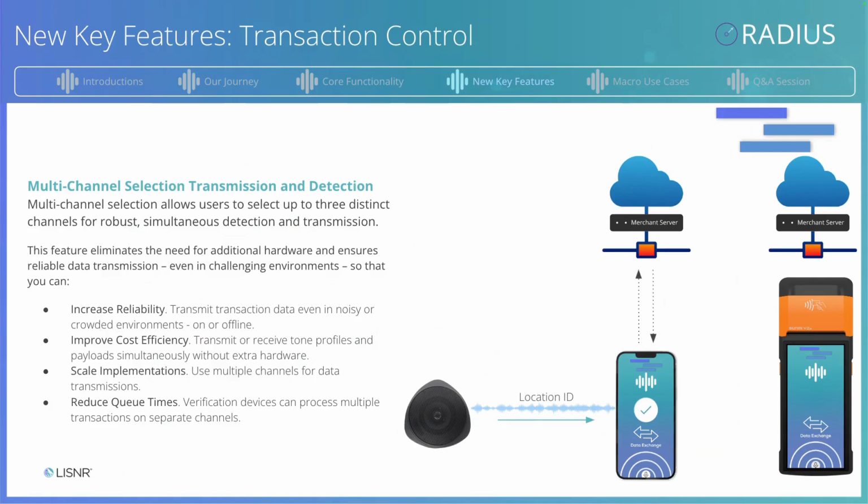This can be followed by a network check to establish proximity to the merchant. A secondary location ID can be sent on a second channel to trigger a unique credential, and a verification ID can be sent on the third channel where a validation can take place with the merchant server to ultimately complete that process.